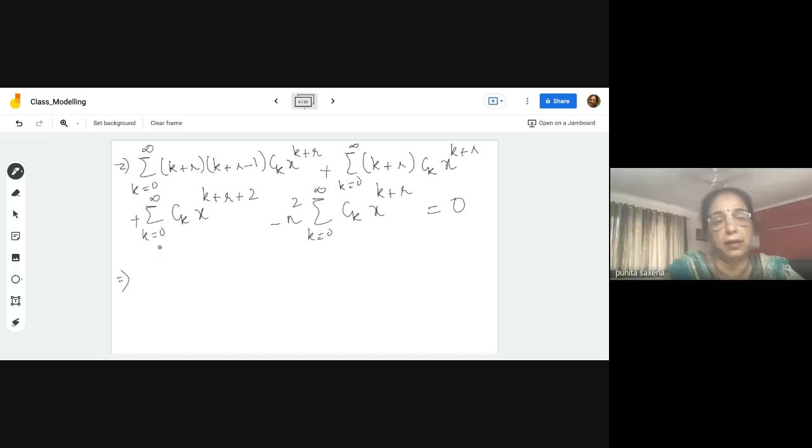Now we can combine x to the power k plus r. I have 1, 2, and 3 terms, right? So I think we can have ck x to the power k plus r common with summation k starting from 0 to infinity, and we are going to get (k plus r)(k plus r minus 1) plus (k plus r) minus n square, right?